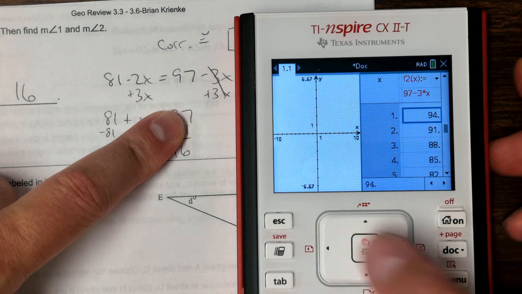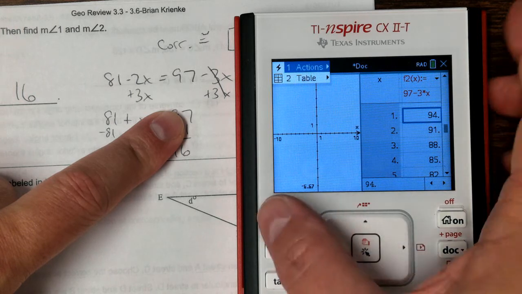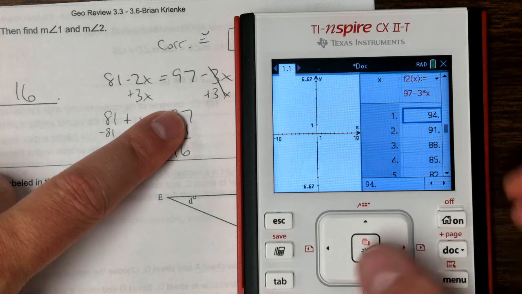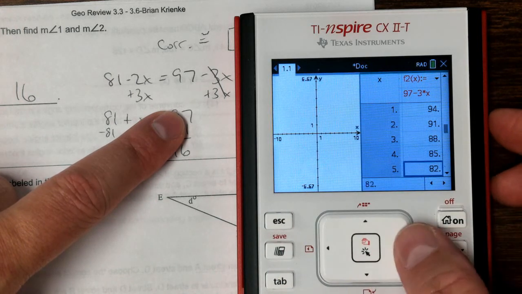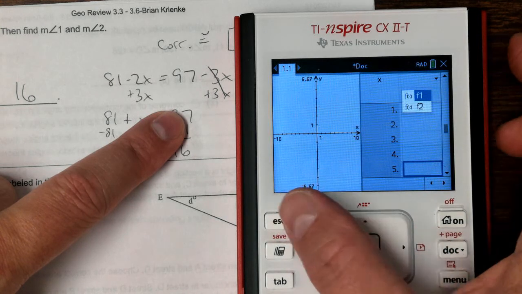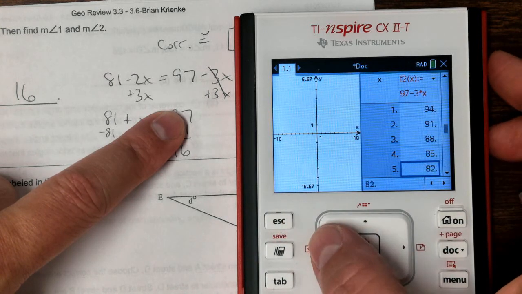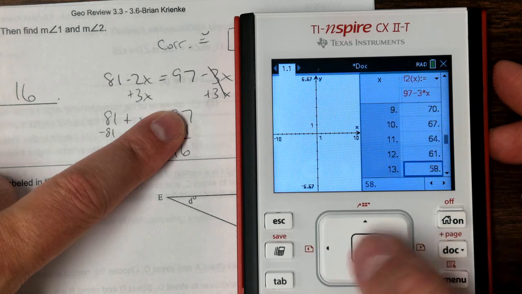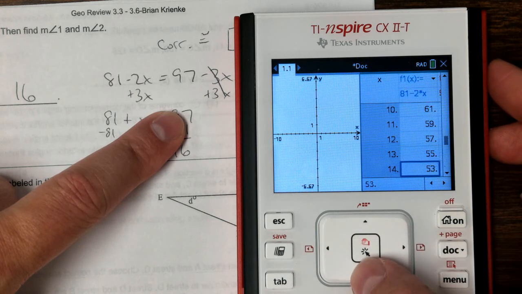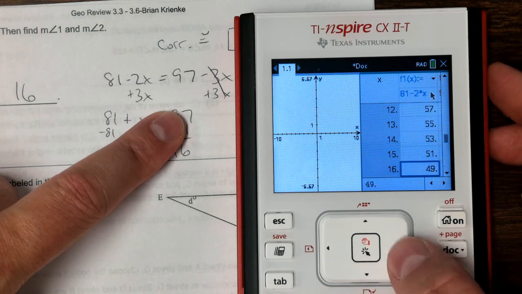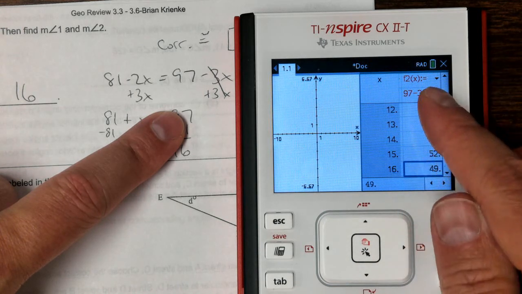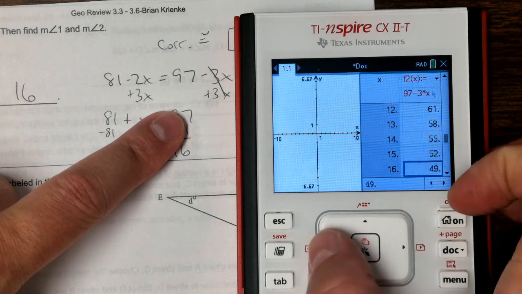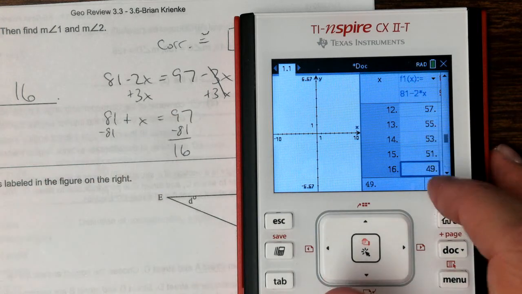So I know based on that I could adjust my y maximum. Another thing I could do is compare where they're the same number. Okay, so for F2 I get 49, and for F1 I get 49.